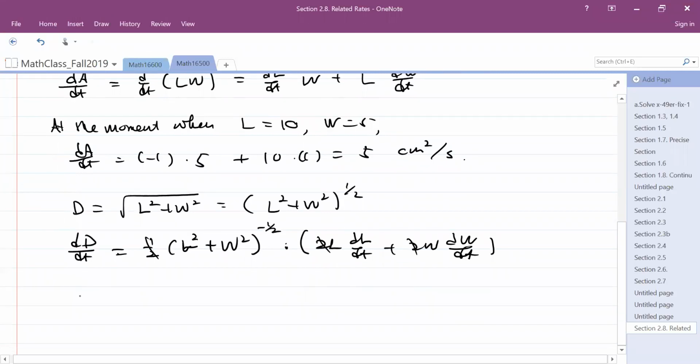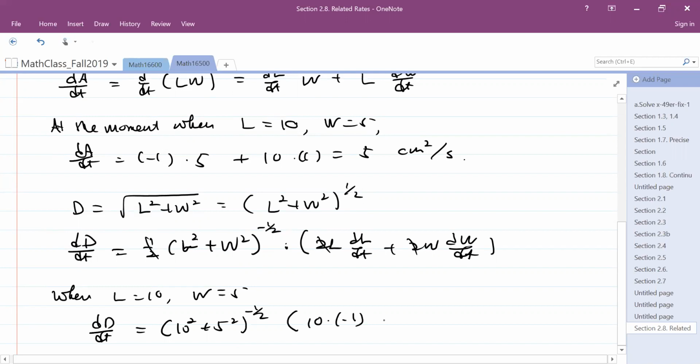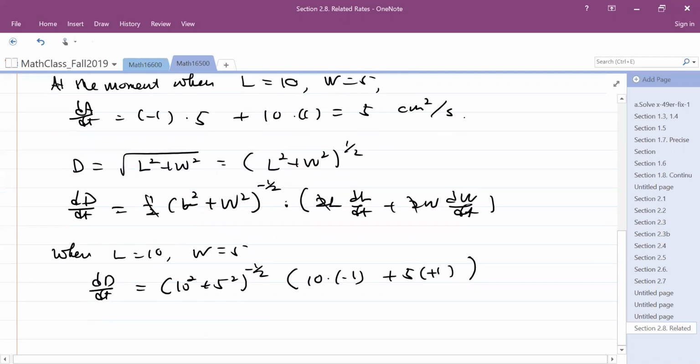And then at the moment when L equals 10, W equals 5, the rate of change in the length of the diagonal is going to be (10 squared plus 5 squared) to the -1/2, times 10 times -1, plus 5 times positive 1, because the width increased at the rate of 1 centimeter per second. Then you simplify it a little bit, right?